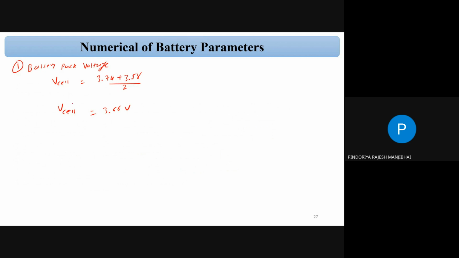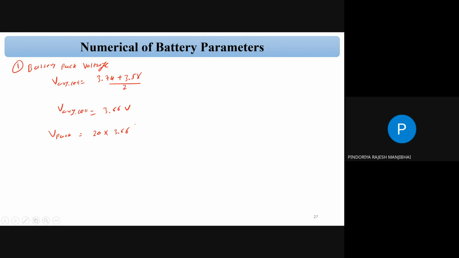So this is also the average cell voltage. So total battery pack voltage is 20 into 3.66.